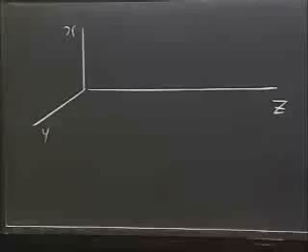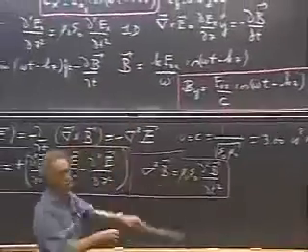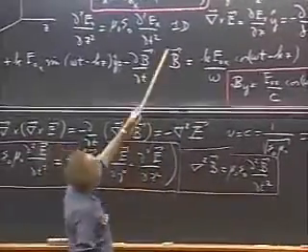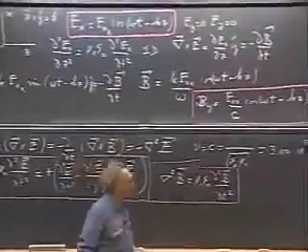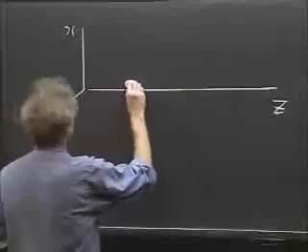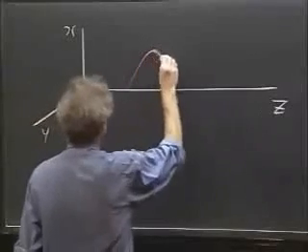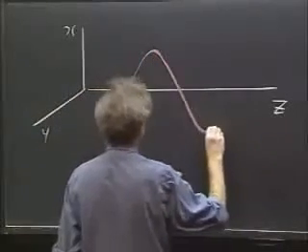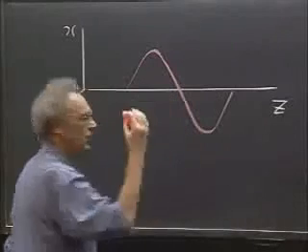I pick a particular moment in time, then I know that the E vector is a cosine function in z, because I pick a particular moment in time. It's a cosine function.